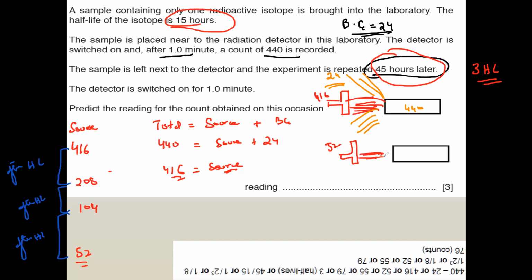The background radiation does not change, it remains the same, 24. So 52 radiation from the source and 24 due to the background. So what will be the reading on the detector? 52 plus 24 is equal to 76. So the reading on the detector is 76.